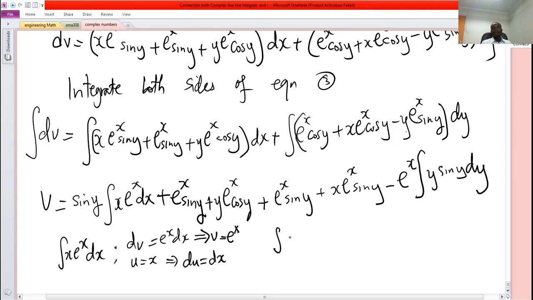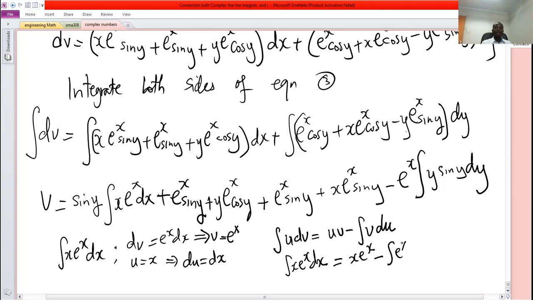So integral of u dv by parts is uv minus integral of v du. So integral of x e raised power x dx will be u is x, v is e raised power x, minus v is e raised power x, du is dx. So integration of e raised power x is just e raised power x.